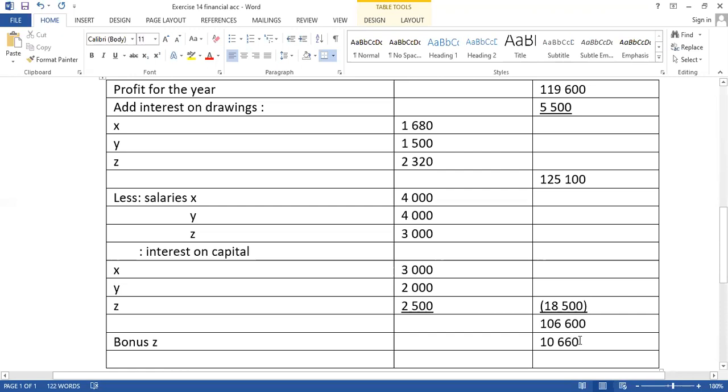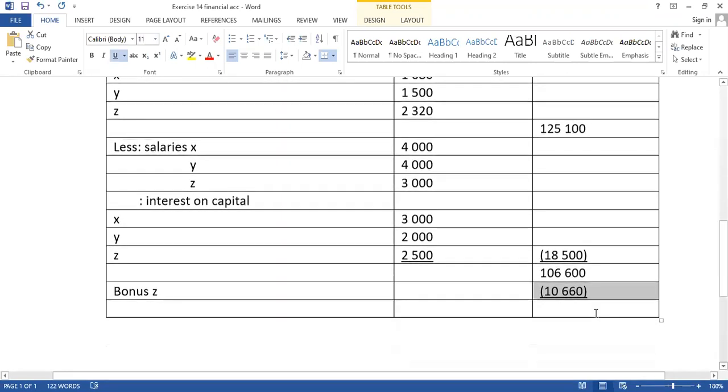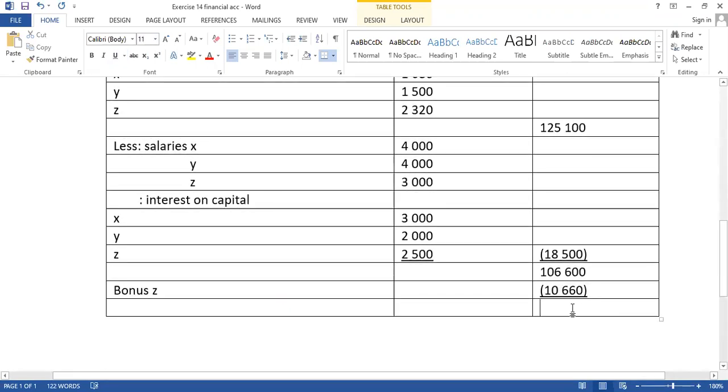Because the company is the one paying the bonus, the profit will obviously decrease. So how much will we be left with? 106,600 minus 10,660 will give us how much?